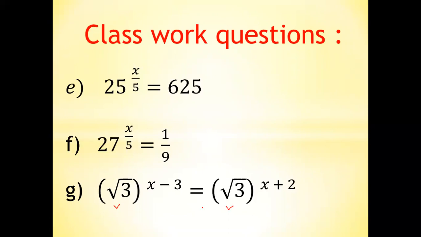If the bases are same, powers will be same. So x minus 3 equals x plus 2. But actually, if you consider me, I would write this as 2, so 2x minus 3 equals x plus 2. In this way you can solve it and get the values of x, and I think E and F will be very easy for you.